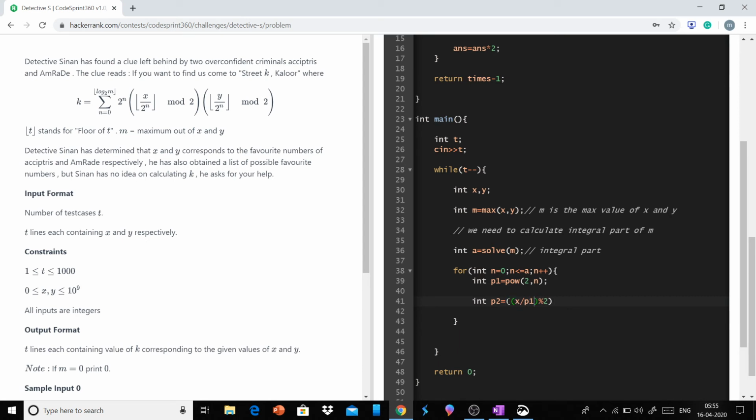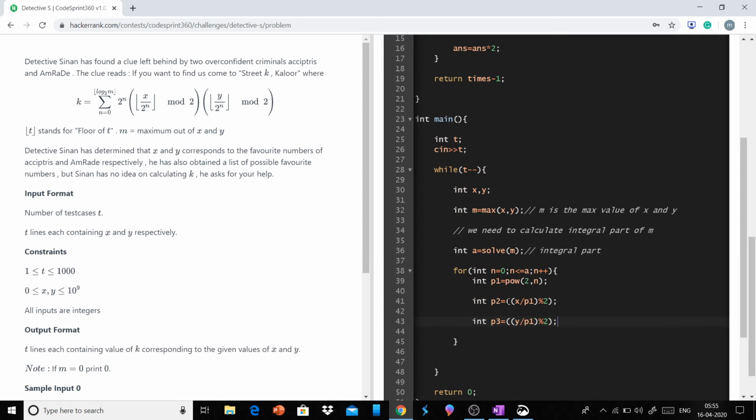So this is our second answer, and let me declare an integer p3, which is nothing but y divided by p1 and then remainder 2.